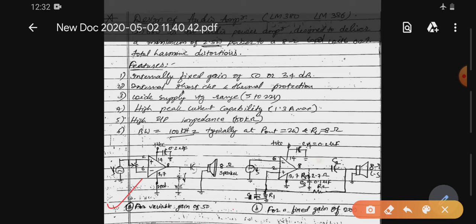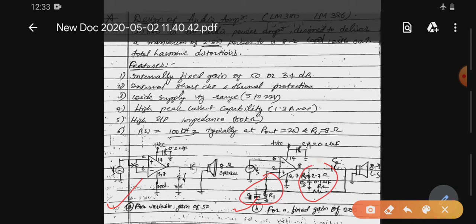And the second circuit diagram is for a gain of 200. That means gain can be extended up to a maximum of 200. So the internal fixed gain is 50, but it can be extended with certain external components which we can see here. C1 and R1 are the external components, then R3 and C3 along with R1 and R2, the gain can be extended up to 200.